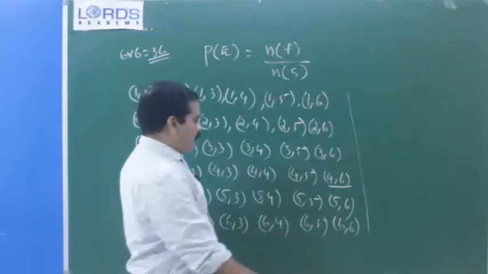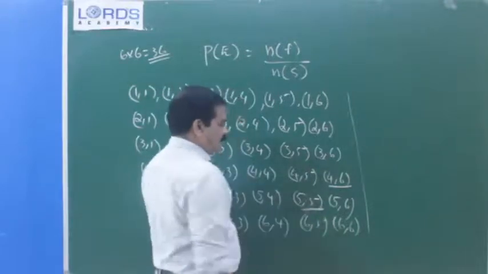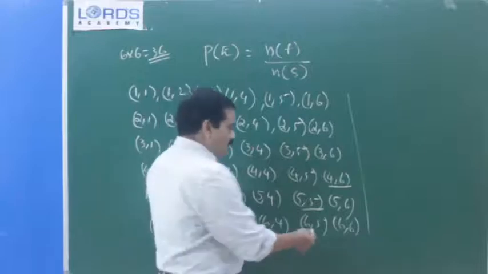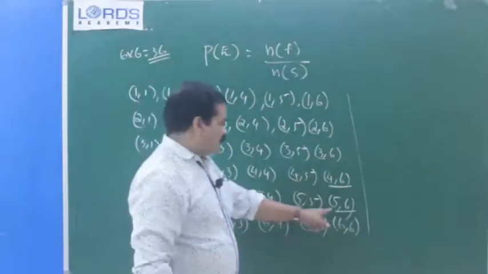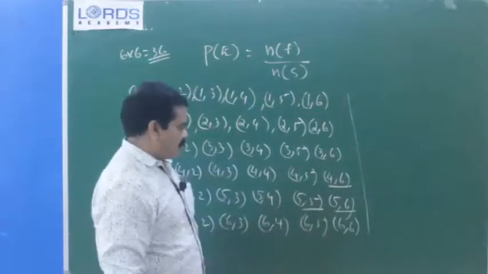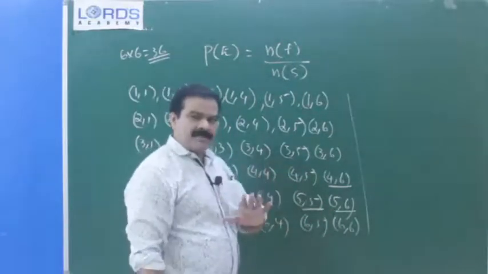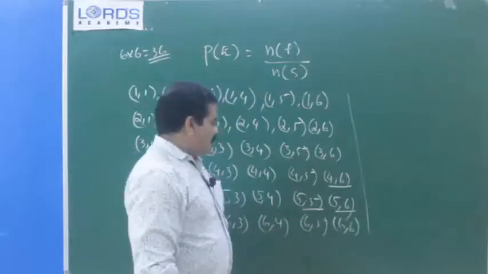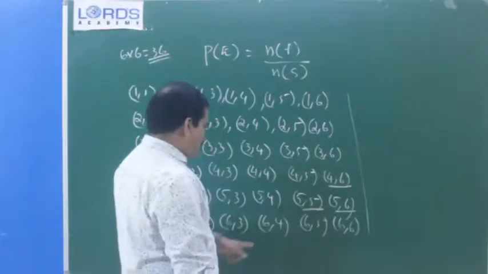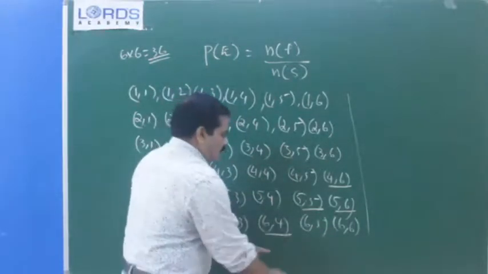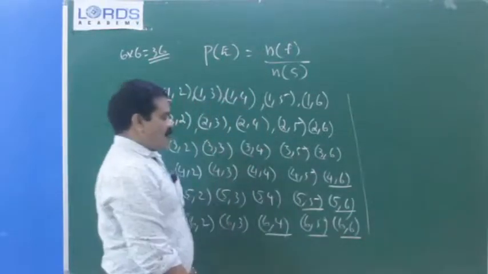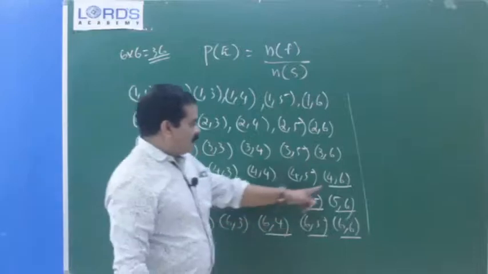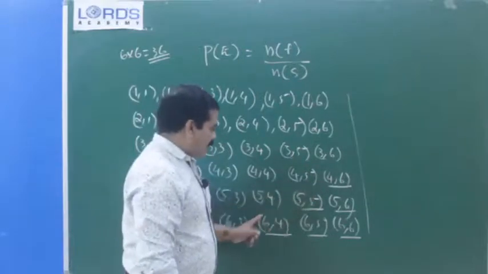Then again you can see that 5 plus 5, 10. Then 5 plus 6, 11. You can accept that also, because they want at least 10. Then again 6 plus 4, 10. 6 plus 5, 11. 6 plus 6, 12. These are the required pairs.